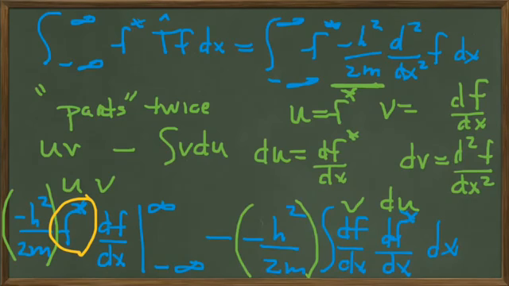So this element of this left-hand side, f asterisk, is going to 0. Since everything is multiplied together, this whole expression goes to 0, and we are left with this part here.